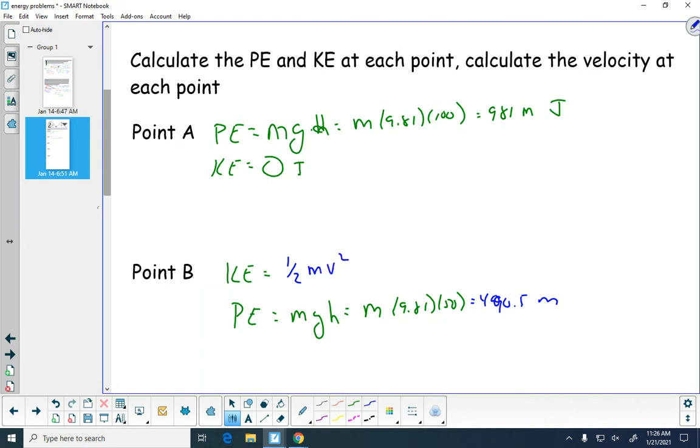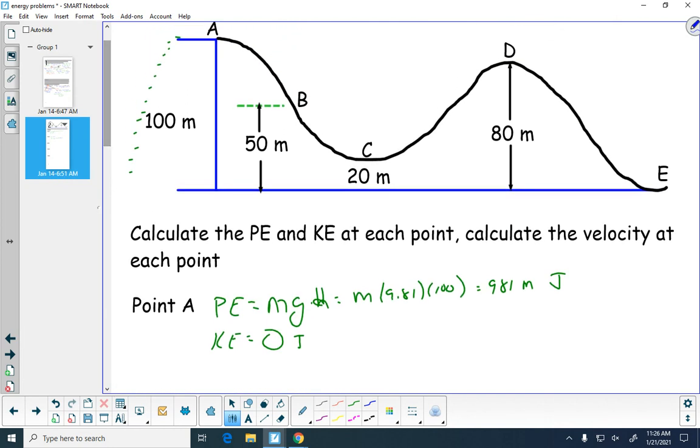And we don't know any of those values. But what we do know is if this is a frictionless roller coaster, this potential energy gets shifted into kinetic energy. I start out with this number of joules of energy.